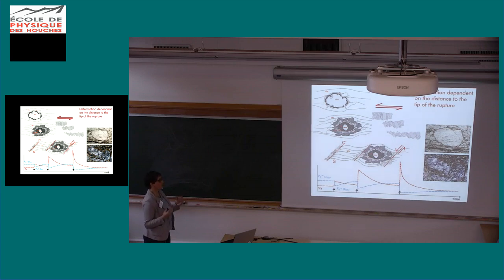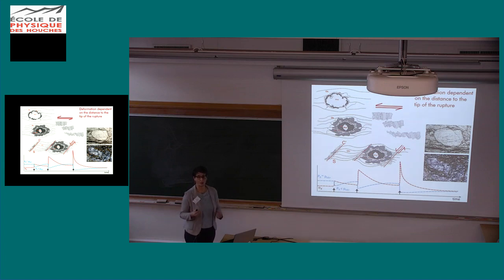Yeah? So we have one observation site, and most of the microstructures really come from one rock. And we see deformation which we interpret as dependent on the distance to the tip of the rupture zone, which is propagating through the rock, and the final kick is a very rapid stress relaxation.